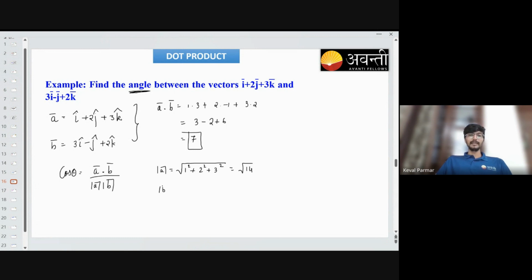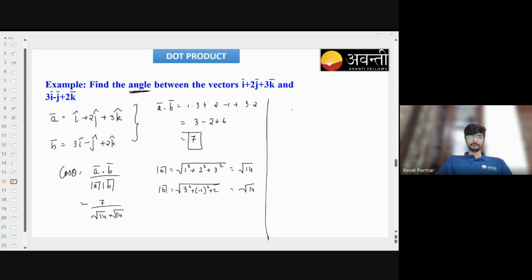What is mod B, guys? It is under root of 3 square plus minus 1 square plus 2 square. Again under root of 14. This means I get 7 upon root 14 into root 14. What is root 14 into root 14?